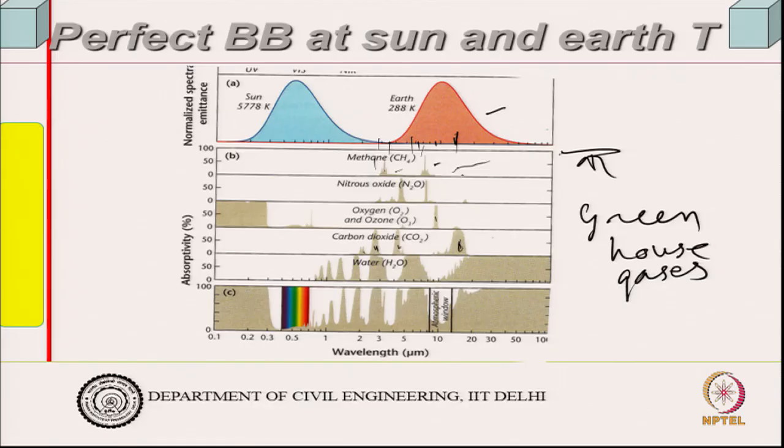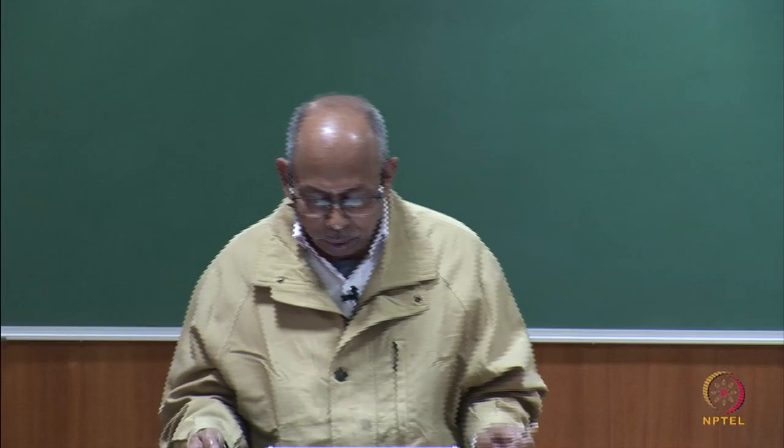This is why these are the greenhouse gases which absorb quite a bit, and the atmospheric window is where the radiation actually goes out. These are the absorptions, the majority of it gets absorbed, and this is the visible portion. So now you get a better idea of what a greenhouse is, why they are greenhouse gases, and the spectrum in which they absorb.